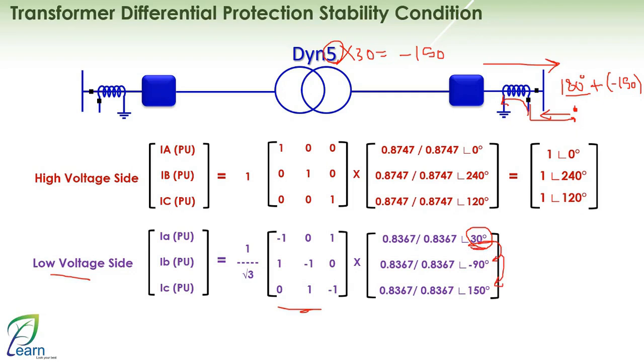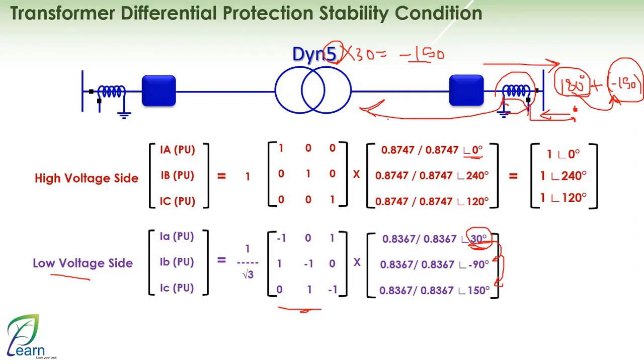So we need to be careful, because some people, when asked in an interview, might say, oh, here it's 0, so on the other side it's 180. And some people make a mistake and say 0 on the other side is negative 150, forgetting that they should actually add 180 to the negative 150. Negative 150 is the result of the vector group, and the 180 degrees is due to the CT connection, where the start point is towards the protected object.